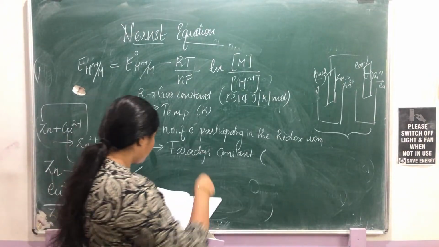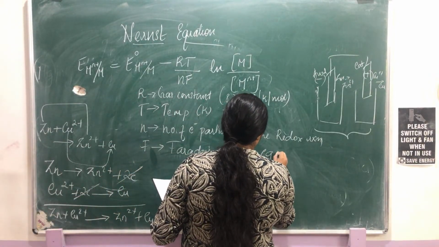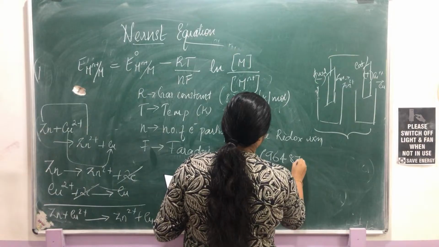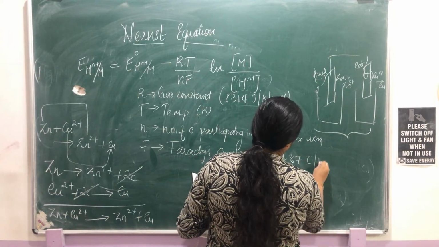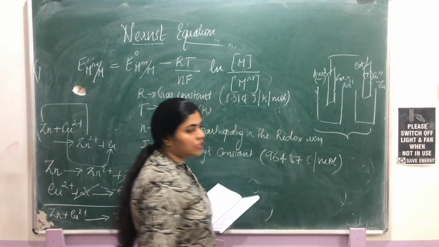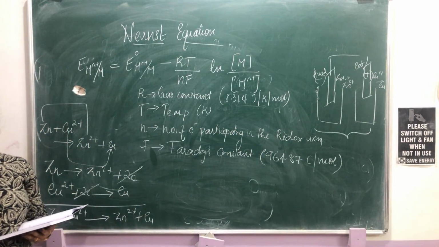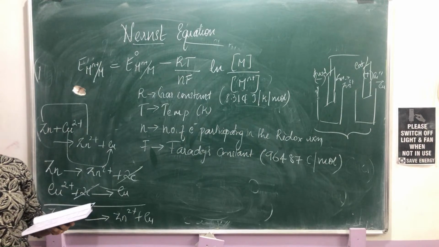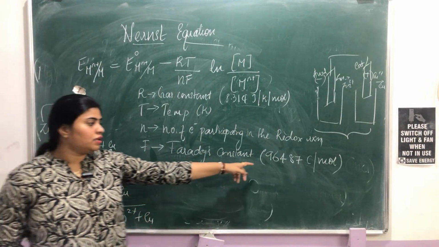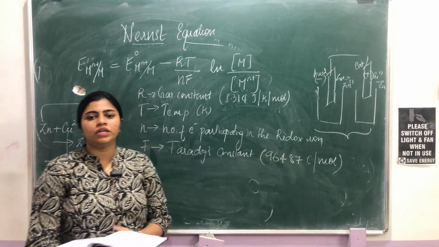Write down 96487 coulombs per mole. 96487. It's like a number, but you don't have to remember that. I'll tell you why. 96487 coulomb per mole.